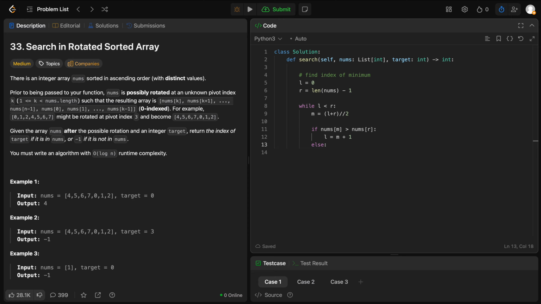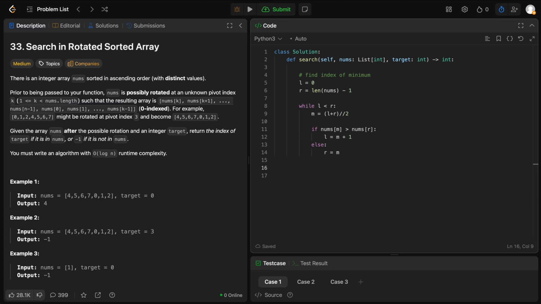Else, if nums of m is less than nums of r, that means that I'm either at a minimum or this.